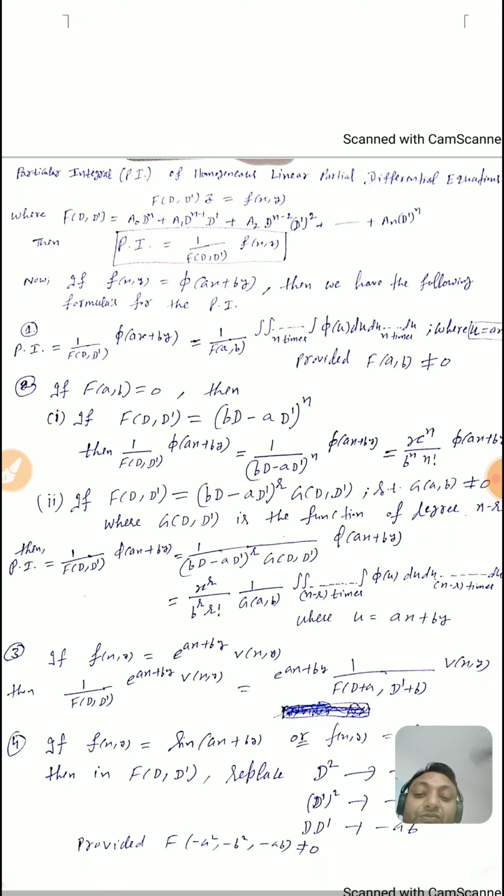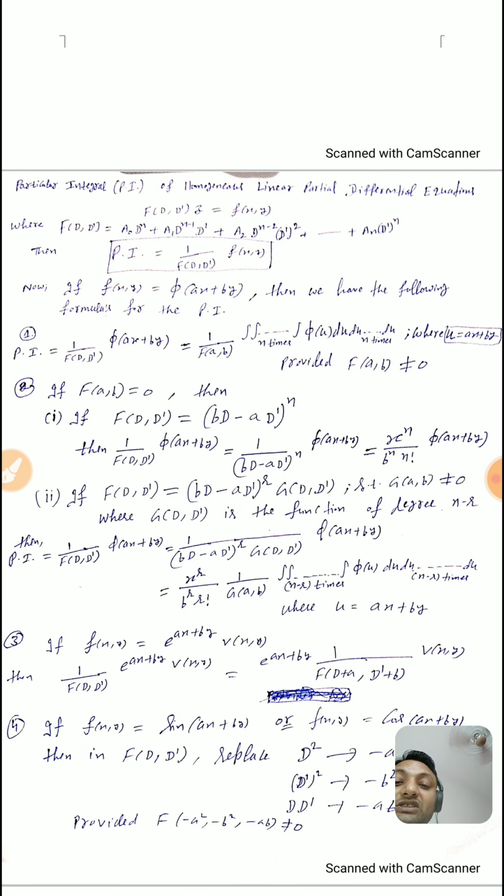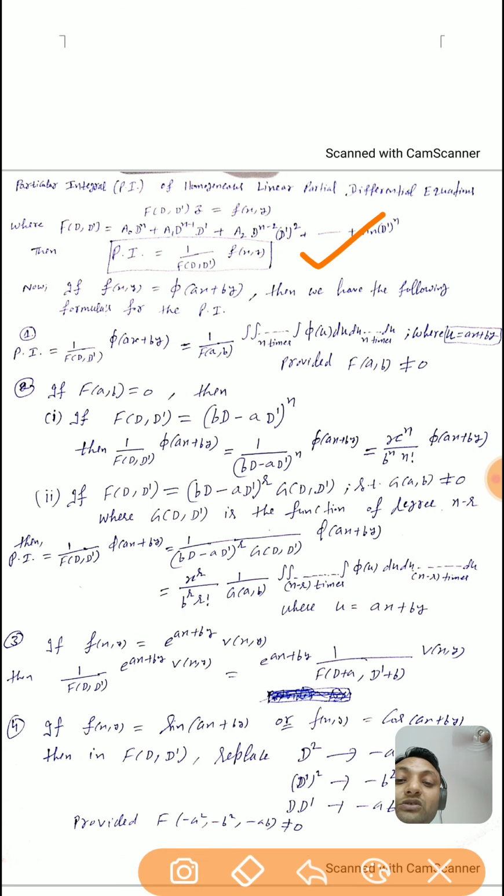So now the particular integral of this type of partial differential equation can be written as the combination of the first rule and this second rule. So when we combine these two rules, we can write the particular integral of this subcase 2 of case 2.